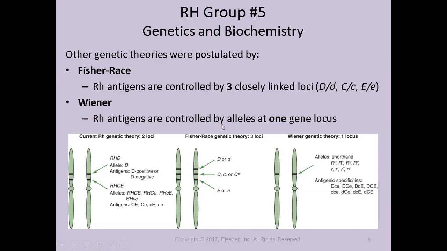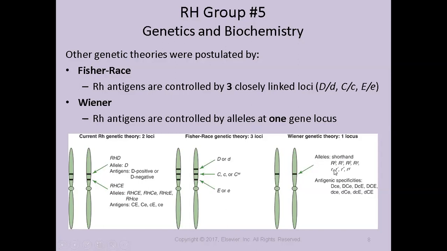The Fisher-Race theory said that there were 3 separate loci for the D's, the C's, and the E's. And then Wiener said there's only one location, and they came up with a way of designating what alleles were actually being inherited at this one site.